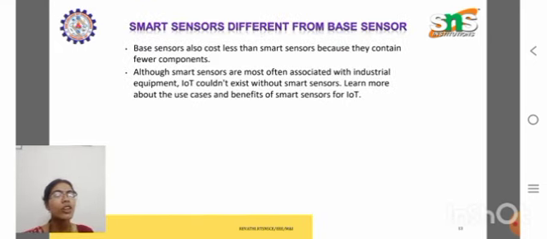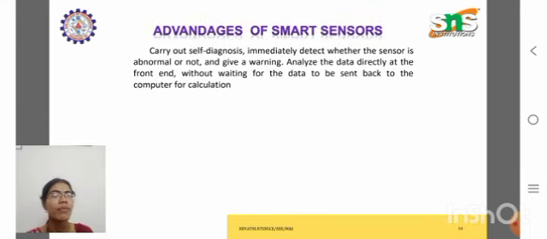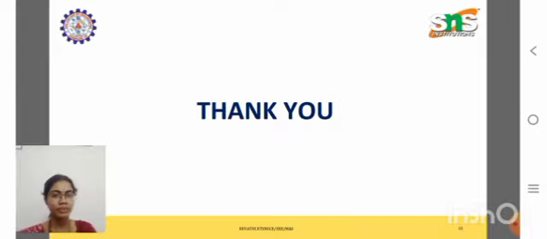Base sensors are less costly than smart sensors because they contain fewer components. Although smart sensors are most often associated with industrial equipment, IoT couldn't exist without smart sensors. Advantages: they carry out self diagnosis, immediately detect whether the sensor is abnormal or not and give a warning, and analyze the data directly at the front end without waiting for the data to be sent back to the computer for calculation. Thank you.